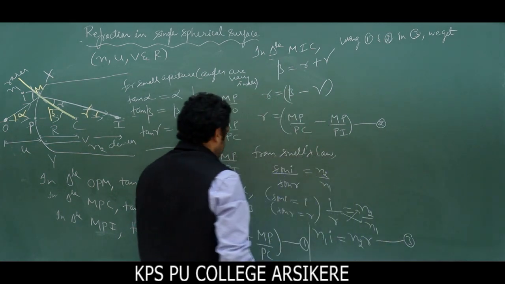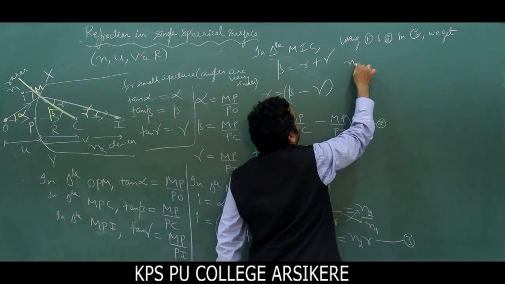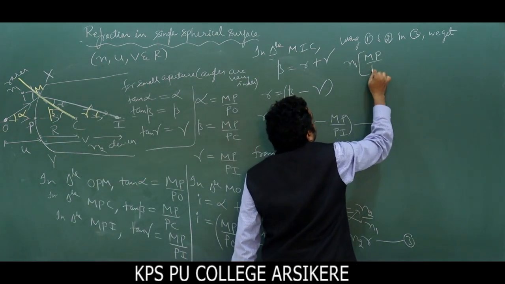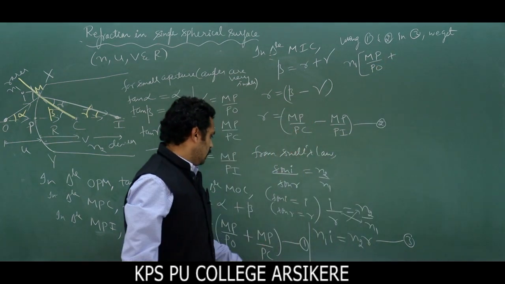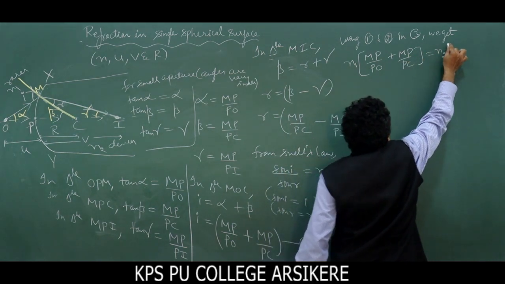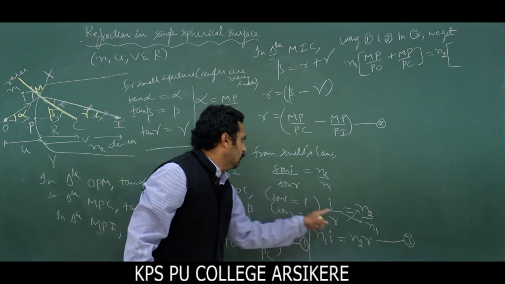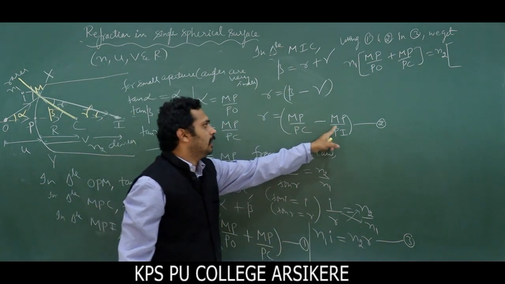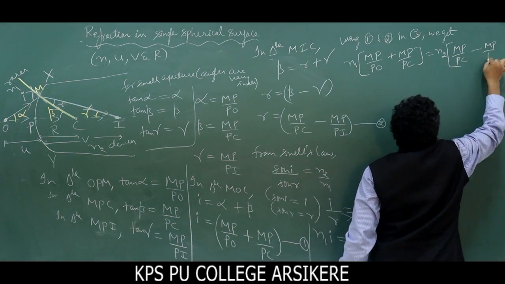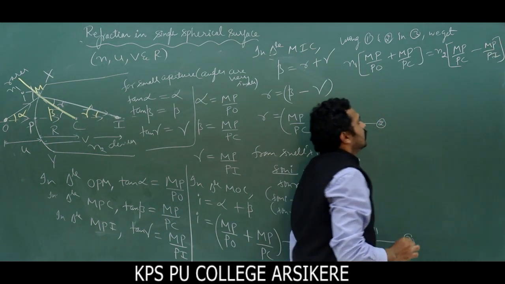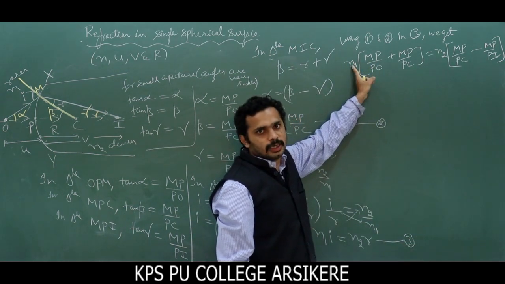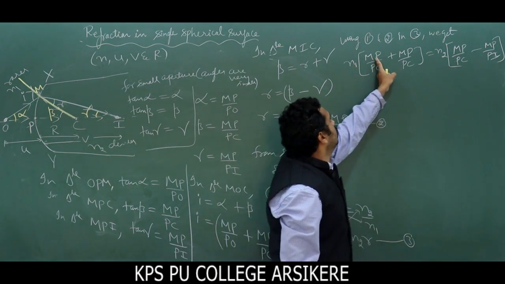Here, look at here, N1 into I. What is I? MP by PO plus MP by PC is equal to N2 into R. What is R? Here R is MP by PC minus MP by PI. Okay, this is PI. Here you take MP outside. Here also MP, here also MP. You take MP outside.